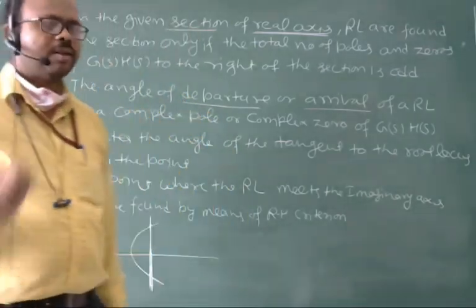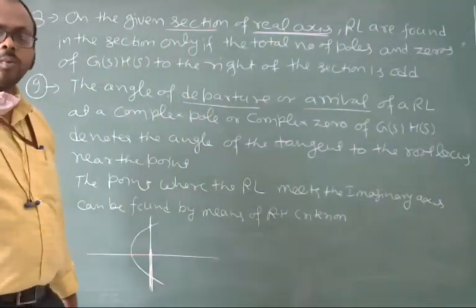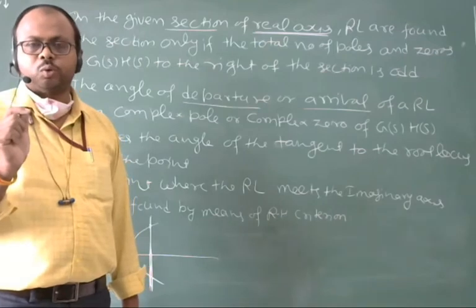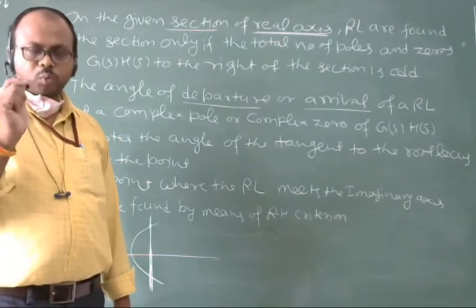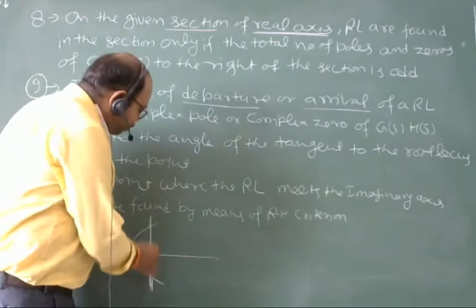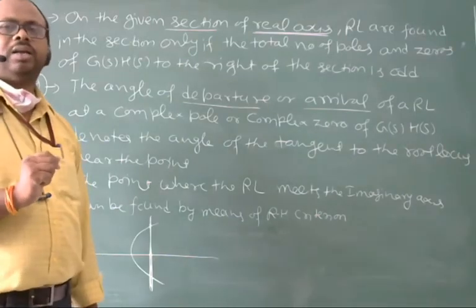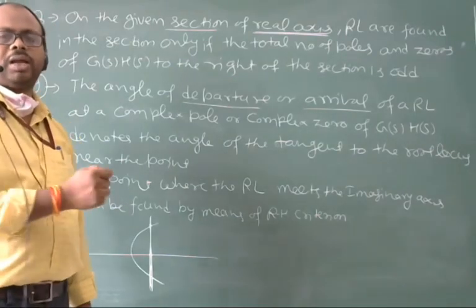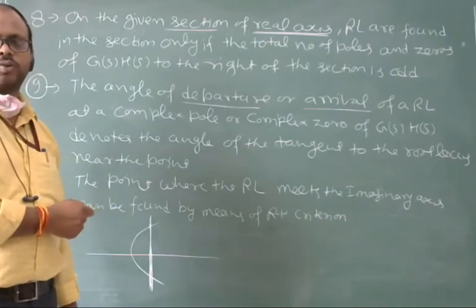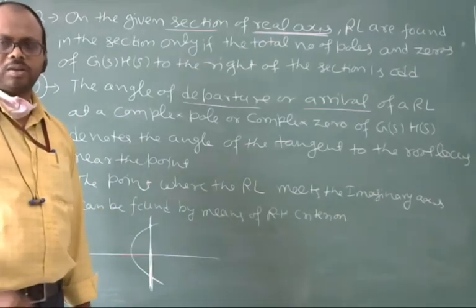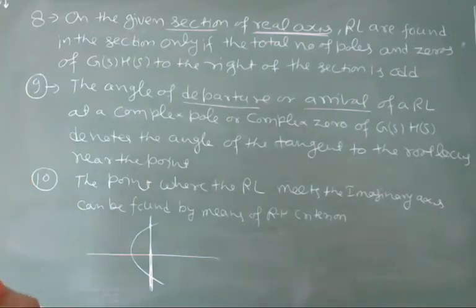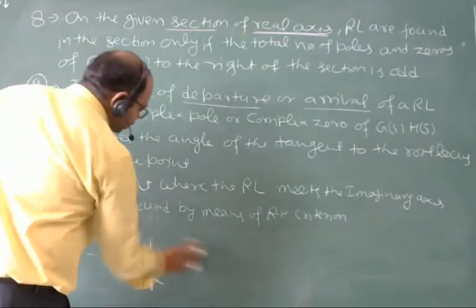It means there are one or more pair of imaginary roots. That means the roots lie on the imaginary axis. And from there I can find the point where my root locus crosses or intersects the imaginary axis. Right?